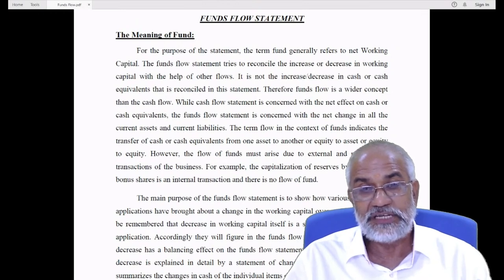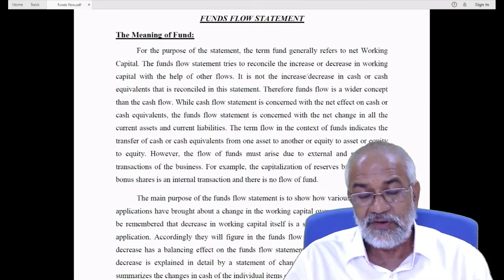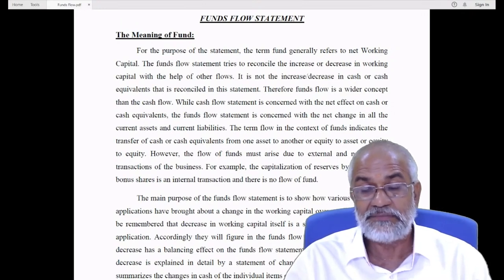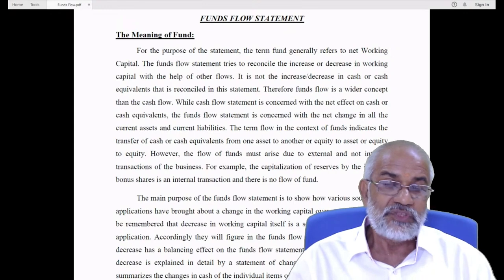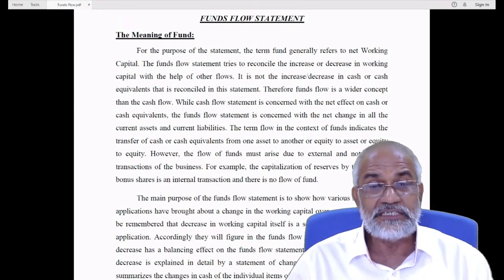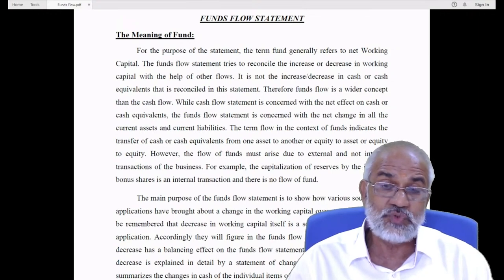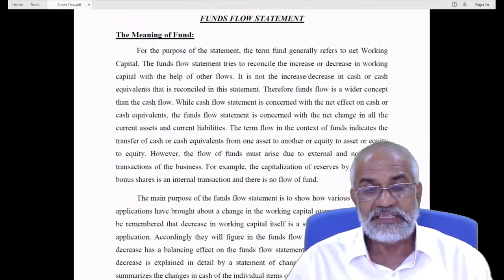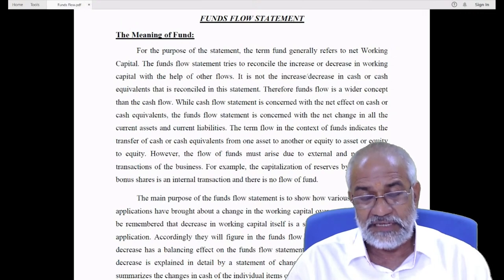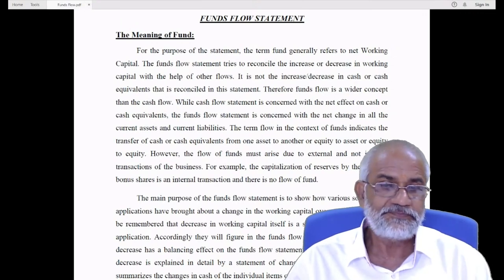So the fund position will remain same, which is the net working capital, or the difference between the current assets minus current liability. So the second transaction also doesn't result into flow of fund, because the fund position remains intact as usual without any increase or decrease.